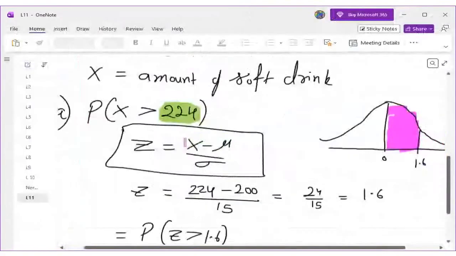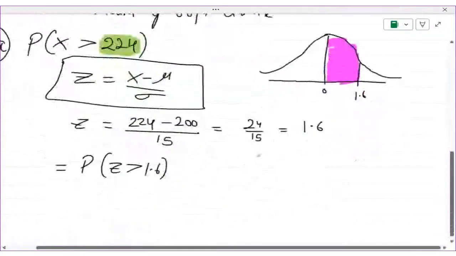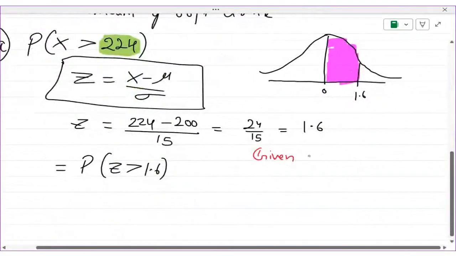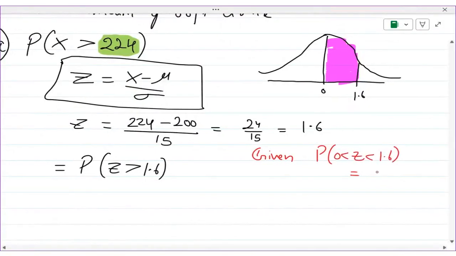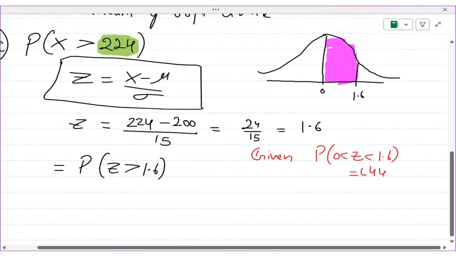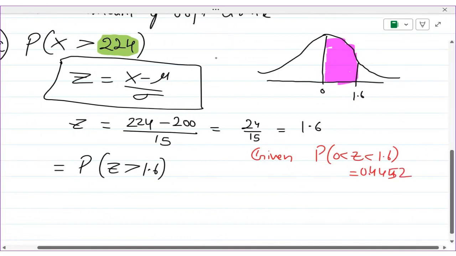So we will be given in the exam that the probability that z is between 0 and 1.6 is 0.4452. I do not remember the exact number, but I think it was 0.4452.